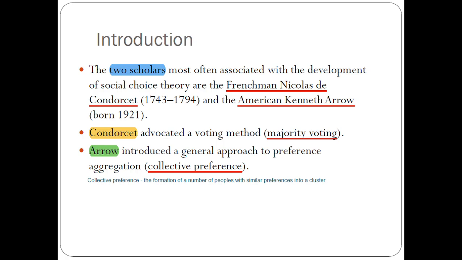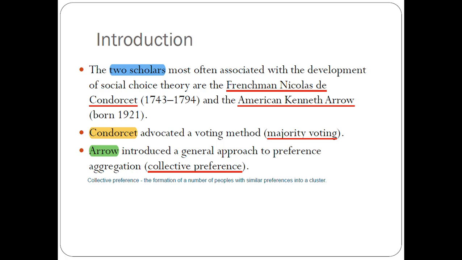Dua orang ni lah scholar ataupun panggil cendekiawan dulu-dulu yang mengeluarkan teori-teori ni. Okay, for the Condorcet advocate a voting method which is called majority voting. Okay, kat sini Condorcet ni memperjuangkanlah voting method ni. Masih lagi digunakan masa sekarang, tak kisahlah dekat mana-mana pun, memang akan adalah majority voting.